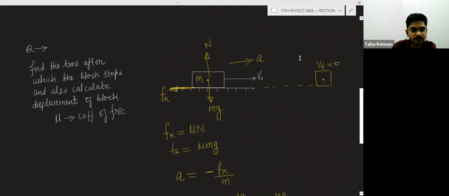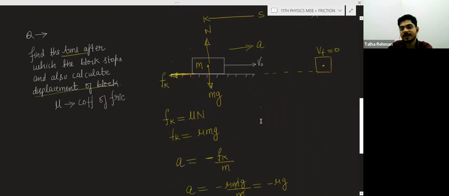Now the time part is completed, and after that they are asking the displacement of the block. Suppose from this point to this point, the displacement of the block is s.